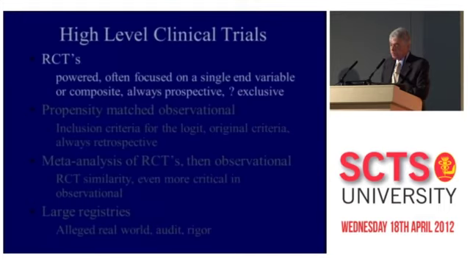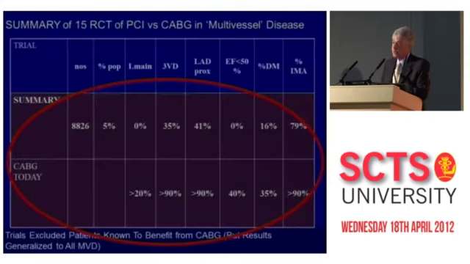One of the problems with randomized clinical trials is that because of the nature of their inclusion criteria designed to eliminate most of the variables that confound other sorts of studies, the inclusion criteria in such trials may be extremely limiting. And about 10 years ago, when there was lots of furor over the early PCI versus CABG studies, a variety of studies were published which showed either PCI was better or CABG was better.